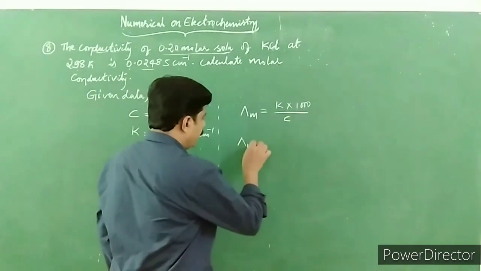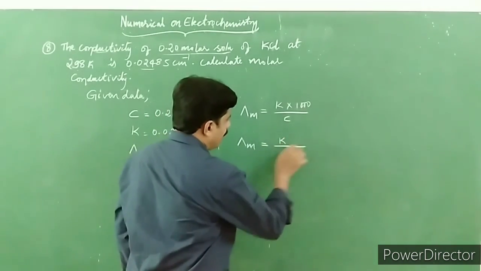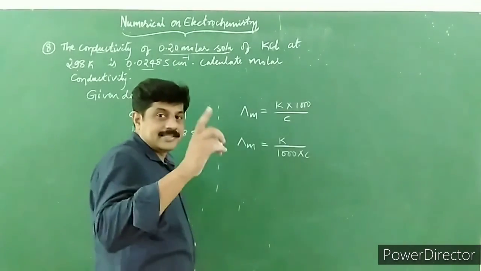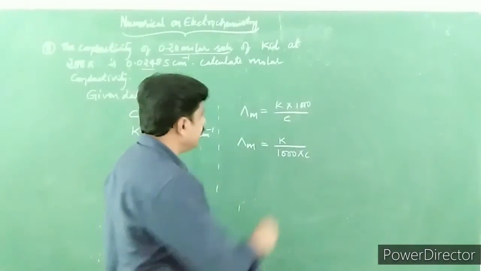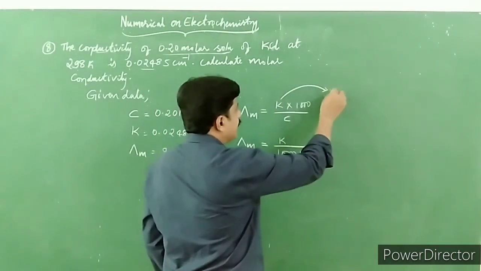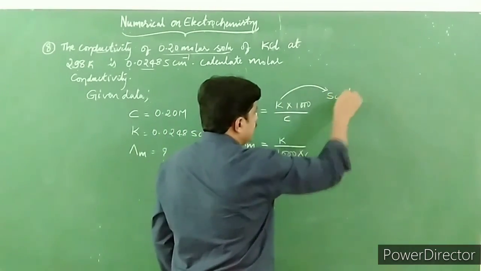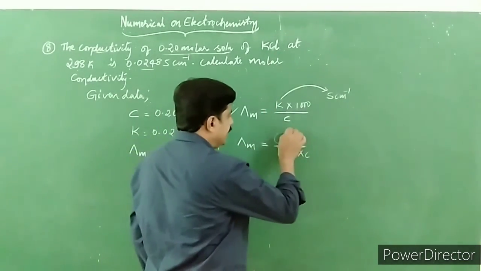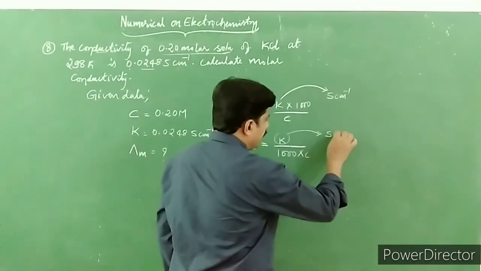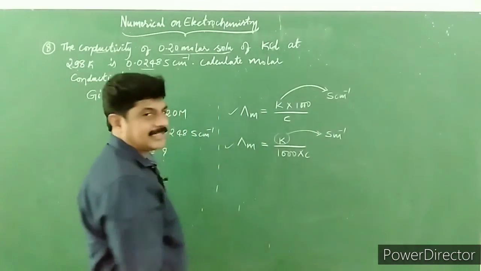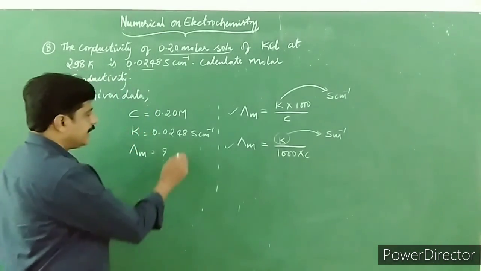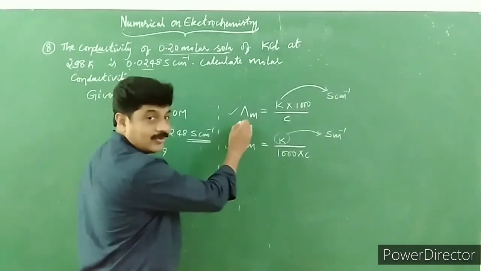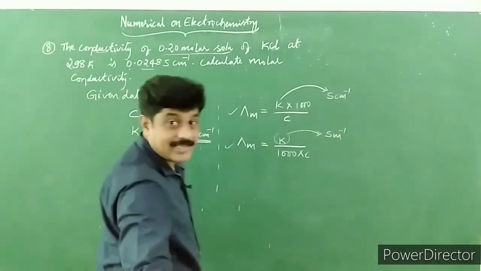And one more expression you learnt, molar conductivity is equal to K upon 1000 into C. While discussing molar conductivity, I told you if conductivity is given in terms of Siemens per centimeter, then I should go for this expression. If the conductivity is given in terms of Siemens per meter, then I should go for this expression. Children, look here, conductivity is given in terms of Siemens per centimeter, that is why I'll go for this expression. Hope you understand that.